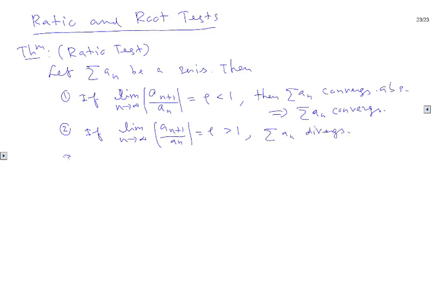The third one: sometimes the limit can be exactly 1. If the limit is exactly 1, this is rho, okay? The Greek letter rho. If it's exactly 1, what will happen? The test fails, or you can say inconclusive.